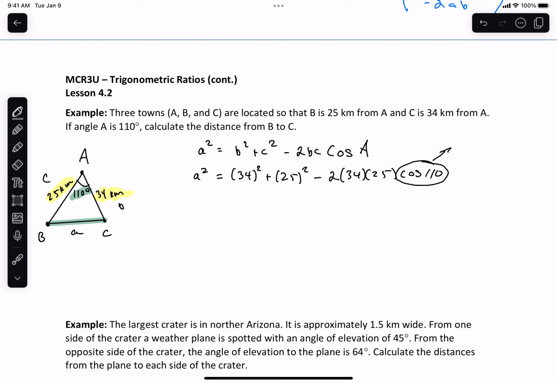If this component is negative, then I have a negative and a negative. Can we see that? Which turns this whole second component, you're adding this whole second component to the first one.